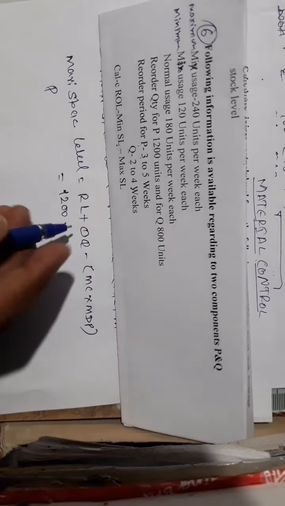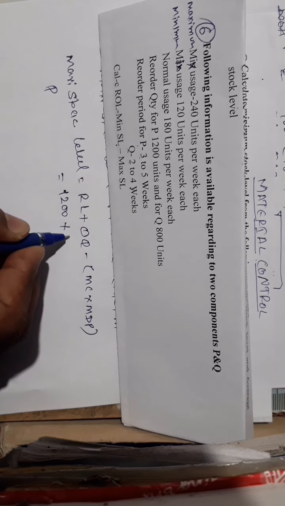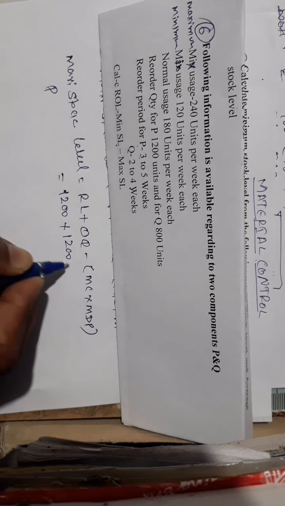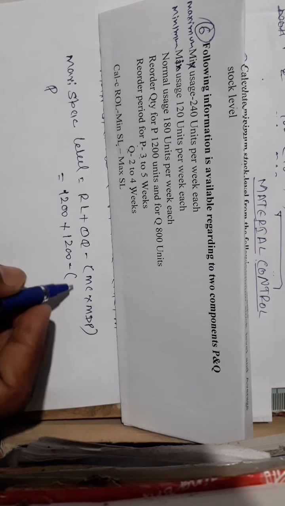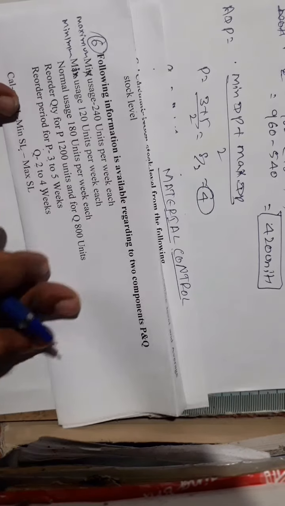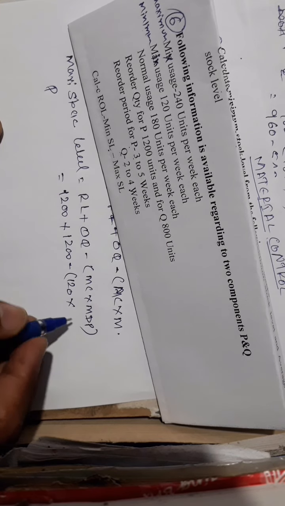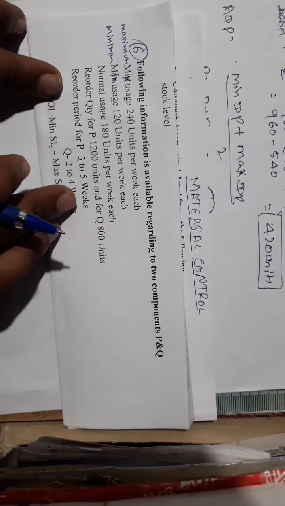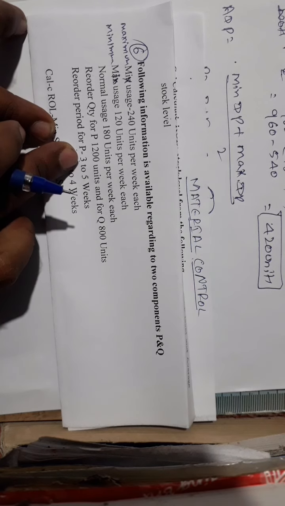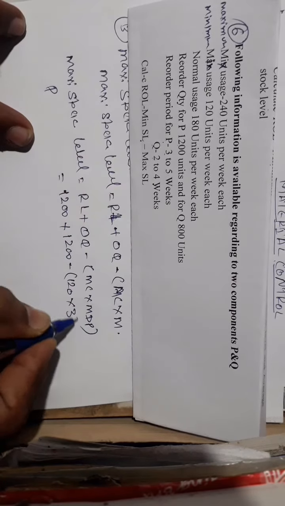Reorder quantity is 1200 units, minus MC, the minimum, which here is 120, into MDP. Minimum is for P 3 weeks.